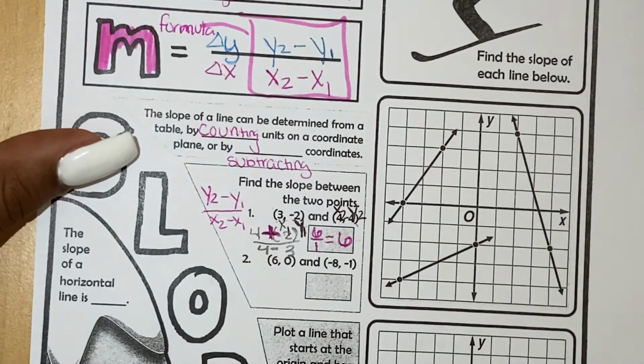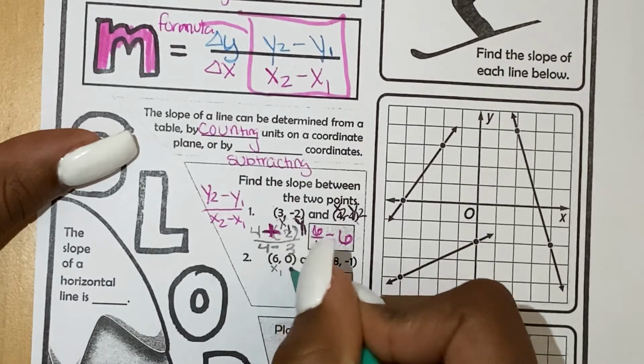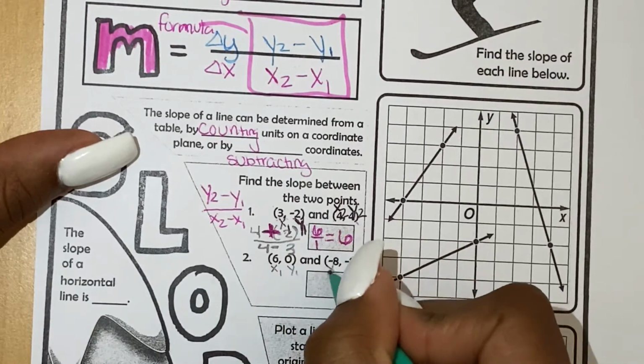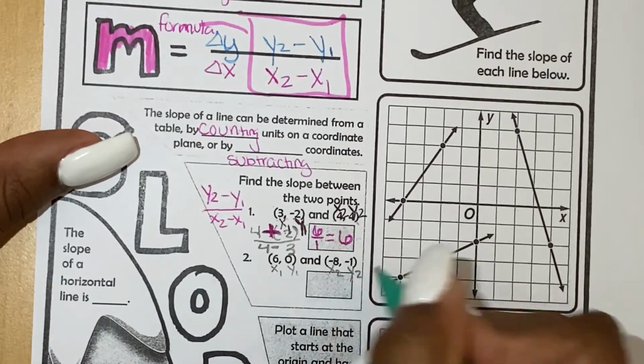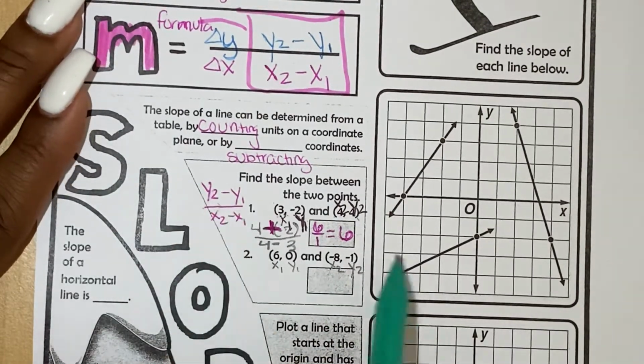Okay? Let's try the next one. I have 2 points. I'm going to label them x1, y1, x2, y2. Now that they're labeled, I'm going to use that formula and plug these points into that formula.